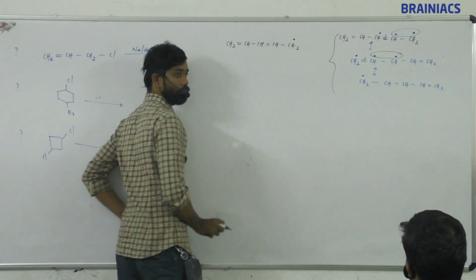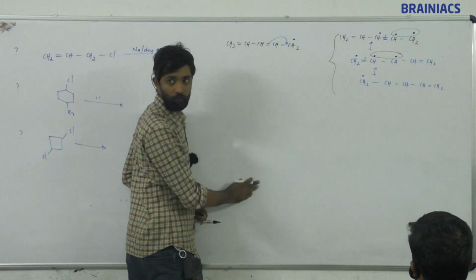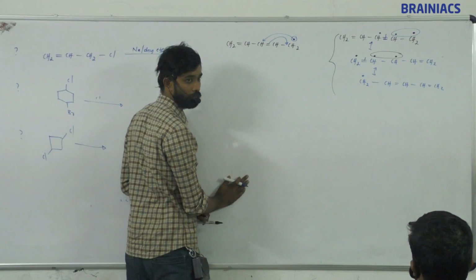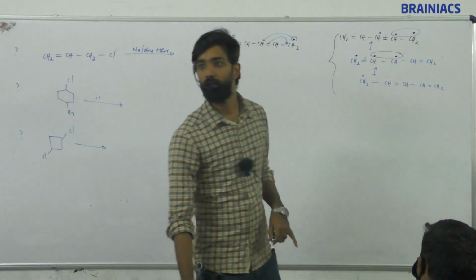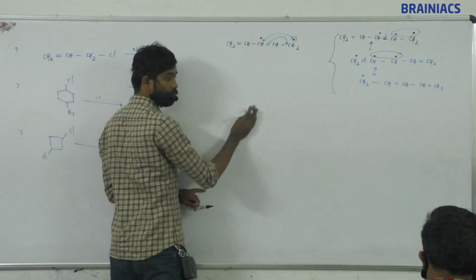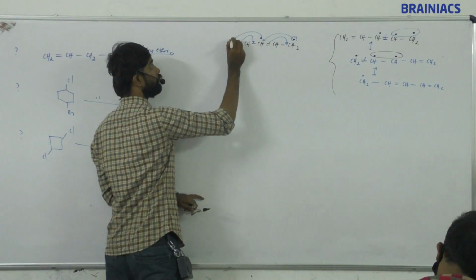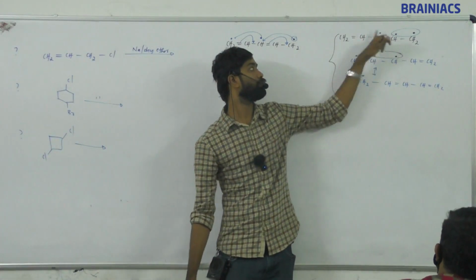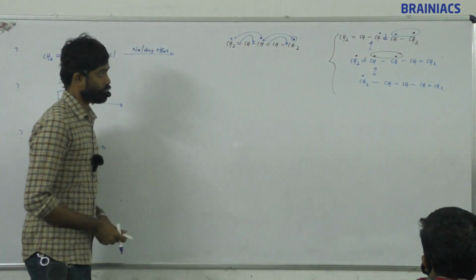You can show this one like this. This radical will be here. That's the second structure, right? Or if this bond jumps to here, the radical will be here. Actually, the radical is exchanged like this. Simply, this is the rearrangement.